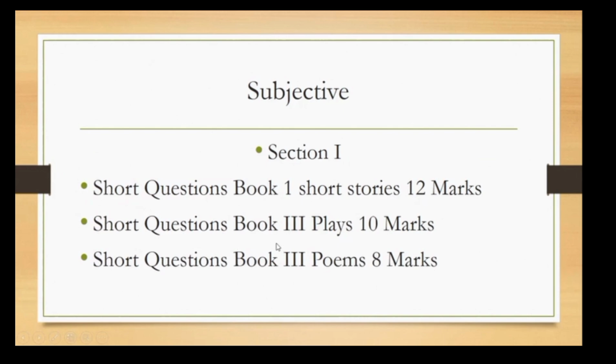Then there are short questions from the three plays, 5 questions in total, which carry 10 marks. Then there are short questions from the poems section: 4 questions, which carry 8 marks.